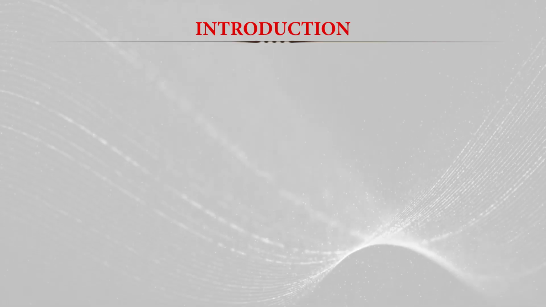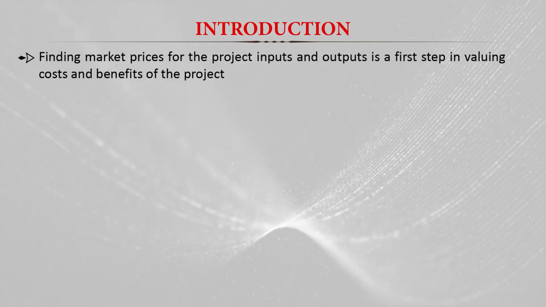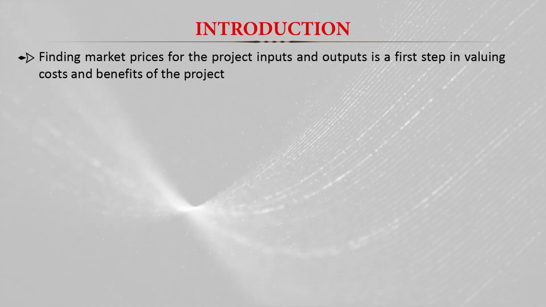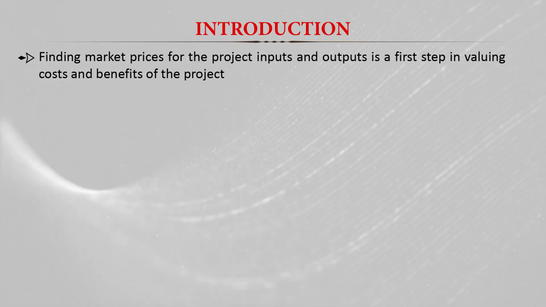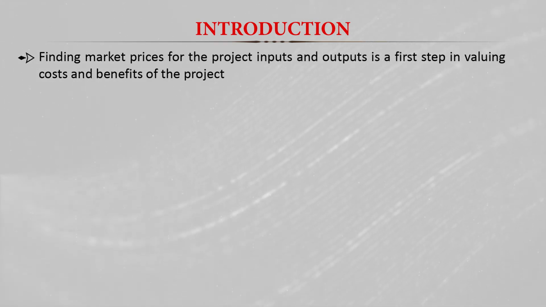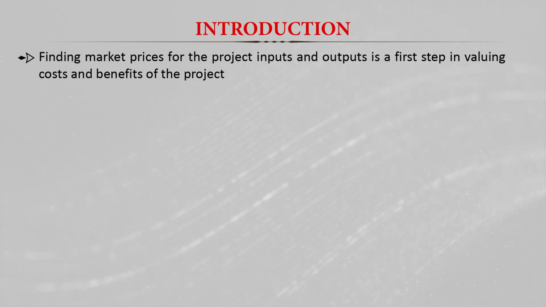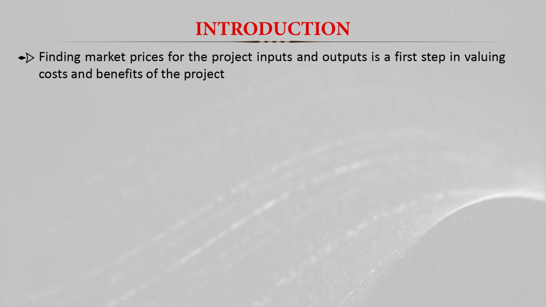In this session, we will discuss how to find the right market prices for estimating the cost and benefit. Finding market prices for the project's inputs and outputs is the first step in valuing the cost and benefit of the projects.